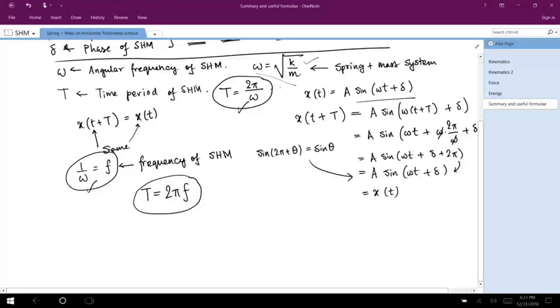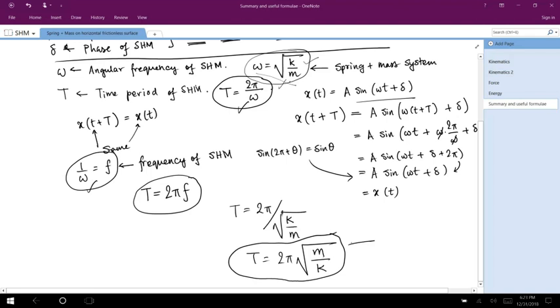So now we can combine the omega expression with the time period expression, and if you combine those two equations, then we get T equals 2 pi divided by square root of k over m. And now I'm going to bring the stuff from the denominator to the numerator by flipping it, so we get T equals 2 pi square root of m over k. So this is the expression for the time period of our spring mass system.